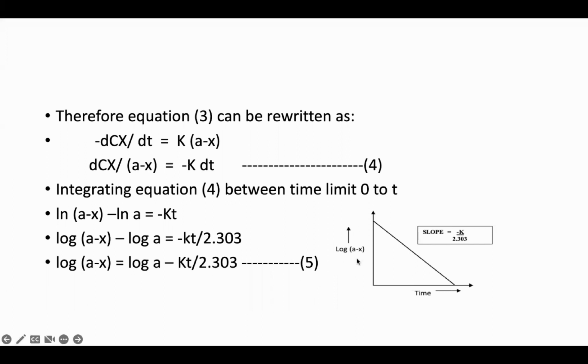And then you plot log of this concentration change over time against time, you'll find that you get a straight line graph from the initial concentration as it tends to go down to 0, right? The slope of this graph is minus k over 2.303. Very important to note. The slope of this graph is minus k over 2.303.